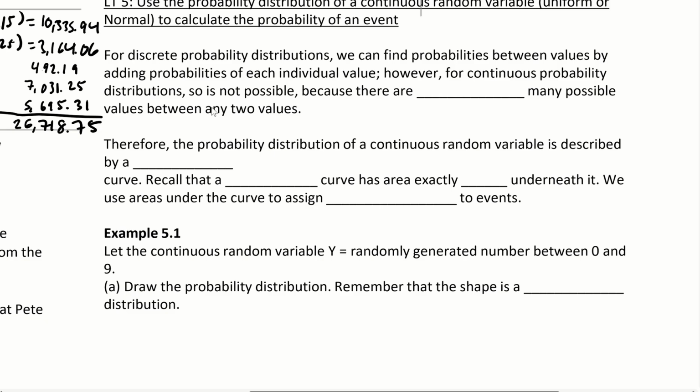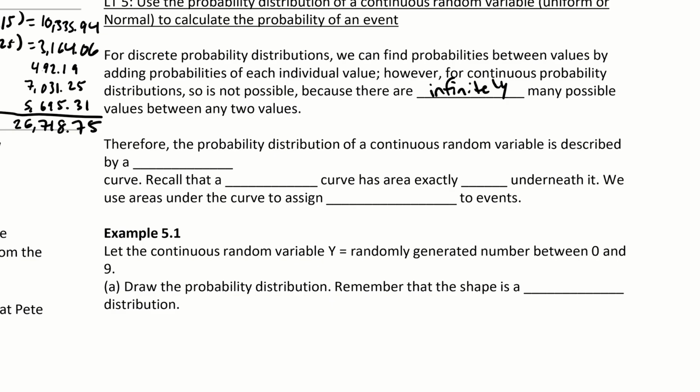However, when you're looking at a continuous distribution, it is not possible because there are infinitely many possible values between any 2 values, right? For example, how many values are there between 1 and 2? Well, there are infinitely many values, 1.01, 1.0000001. I mean, you can keep doing that forever. So there's infinitely many possible values, mathematically, between any 2 values.